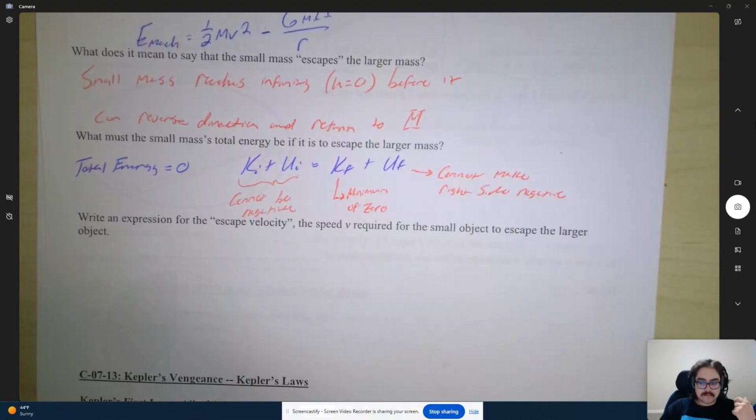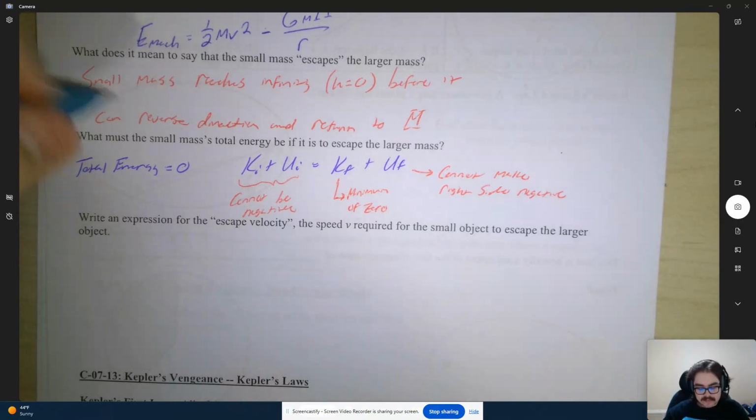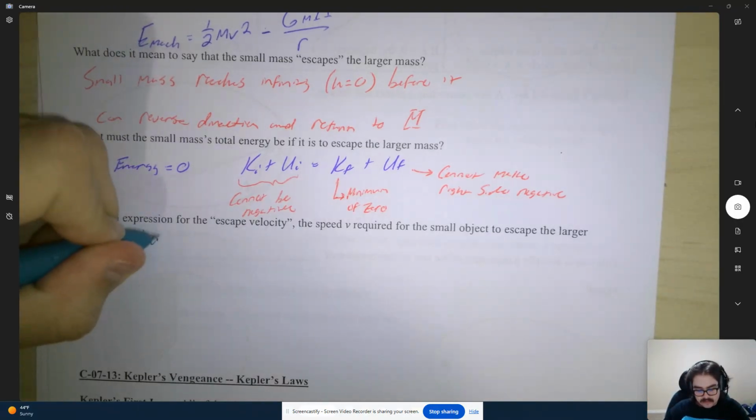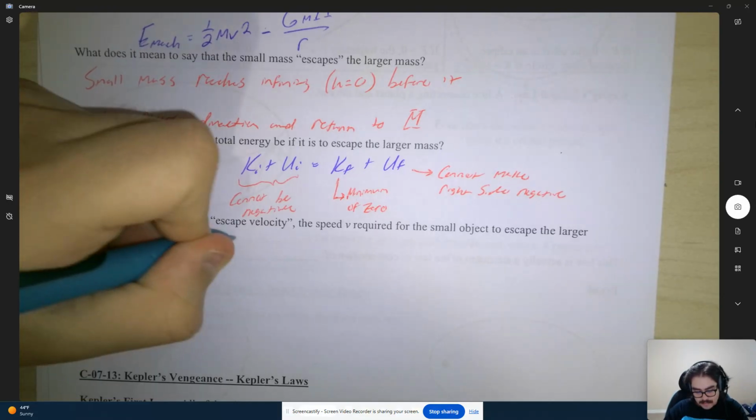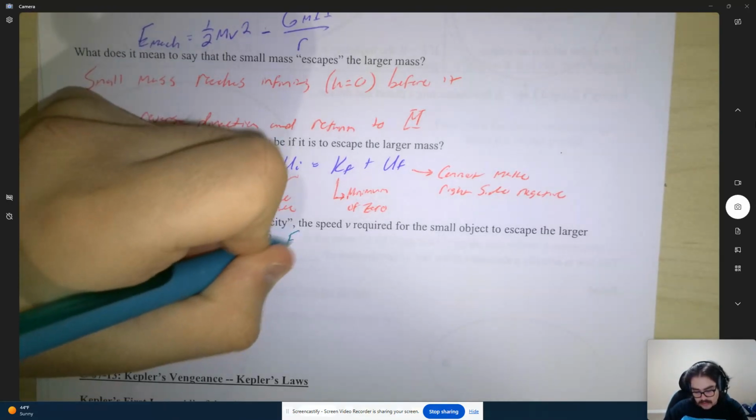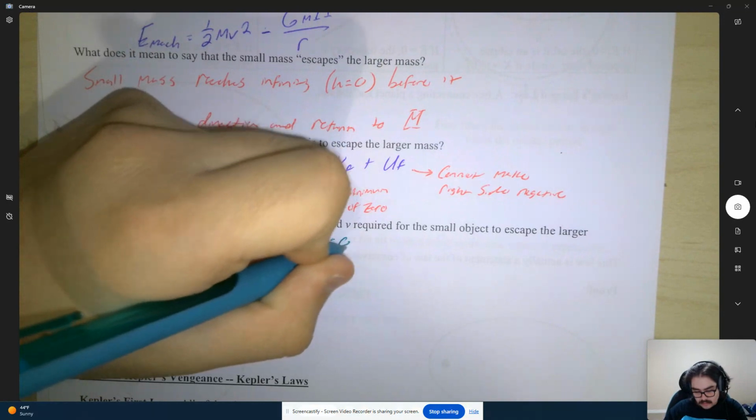And then the expression for the escape velocity. This is basically the velocity that makes the total energy equal 0.